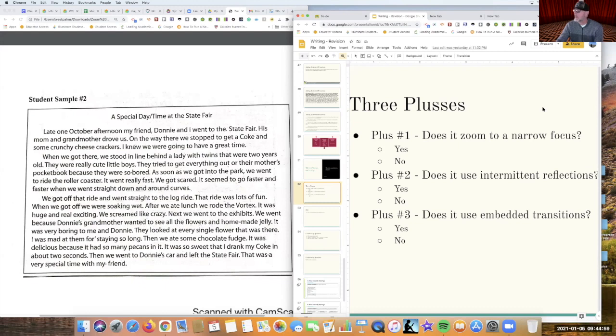Good. Thank you, Isabella. So what we're doing, if you stepped away from your computer or you had it off or whatever, Xavier, thank you. Good, good. I appreciate the input. We're reading the story there on the left, and then we are answering the questions on the right. So does it zoom to a focus? Does it use intermittent reflections?